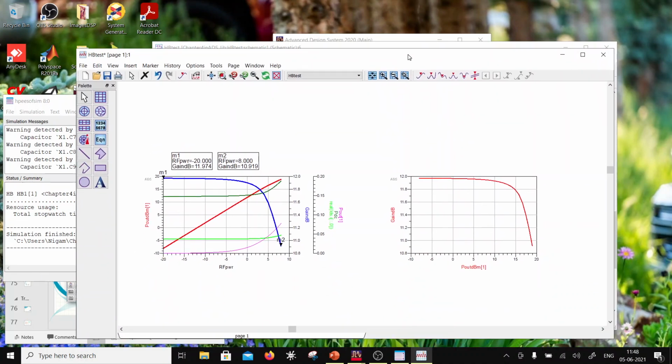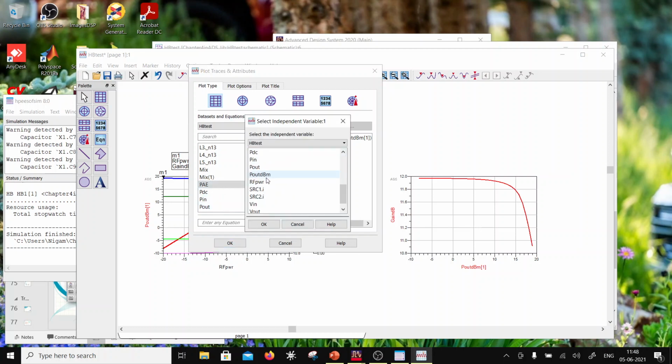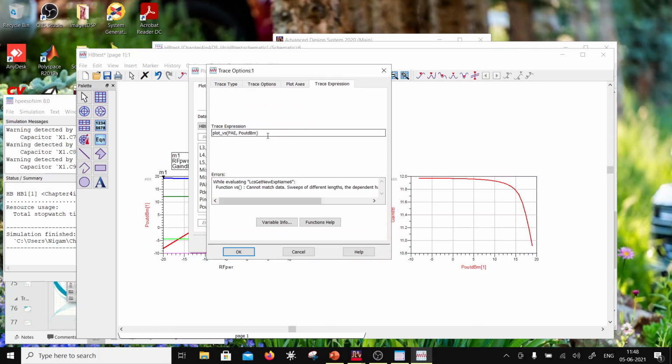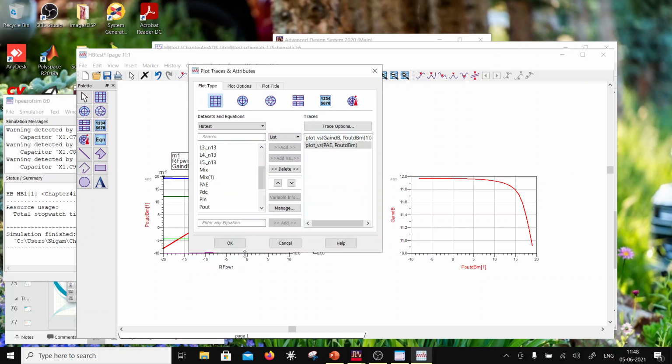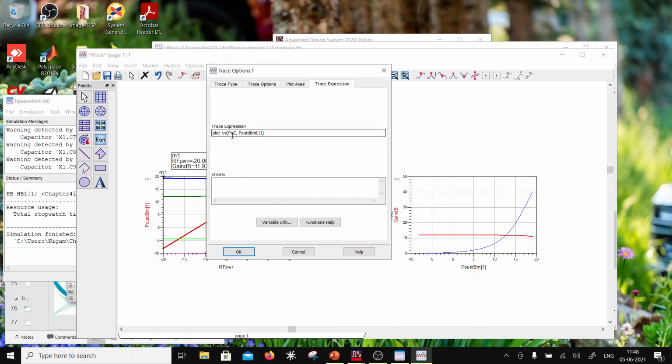Okay, so now I can put here efficiency, that's gain, efficiency versus the output power, and here the output power is going to be the fundamental. Okay, and I'll put this on the right hand side axis.